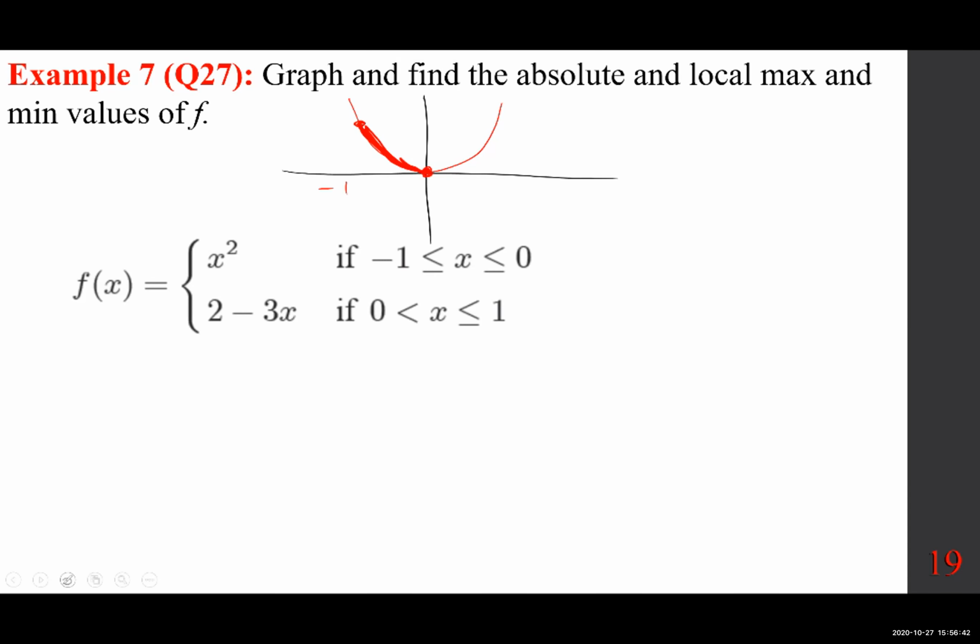The second part, let me use a different color. 2 minus 3x, that means y equals 2 minus 3x. And that's a simple case, everybody. Just a graph, okay? If x is 0, we get 2. If y is 0, we get 2/3.